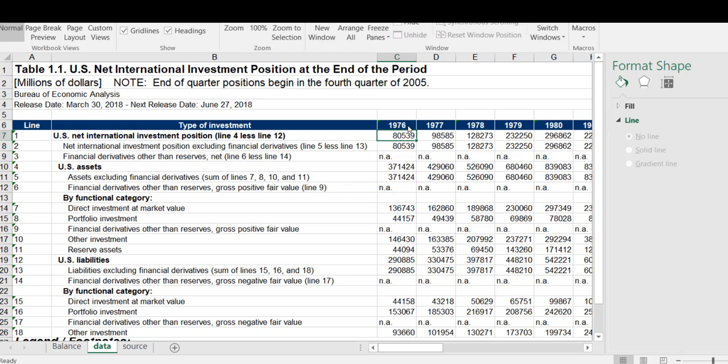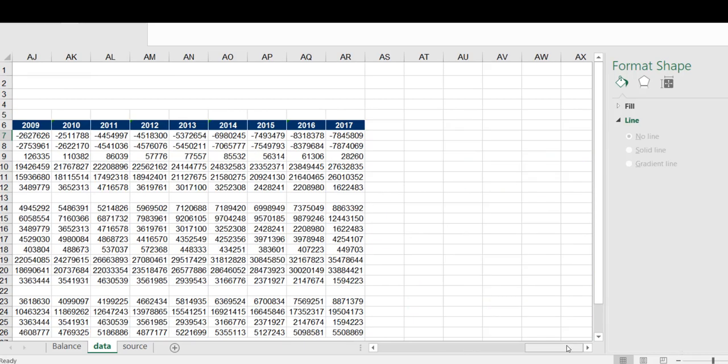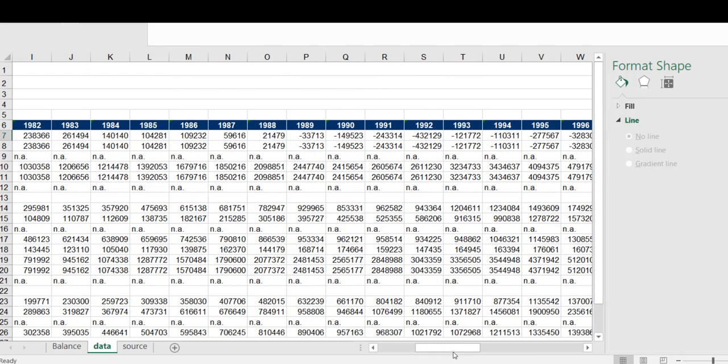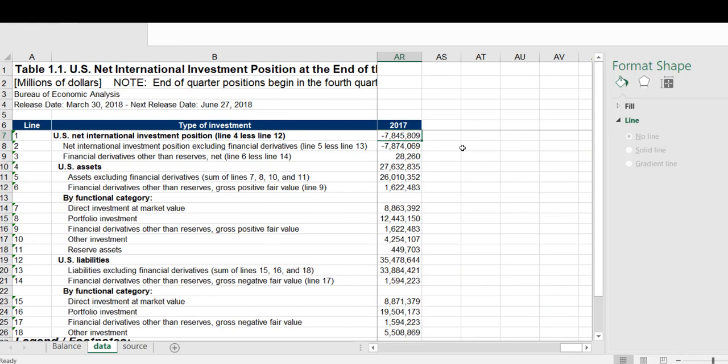The US discloses data from 1976 up to 2017. The US net international investment position is negative $7.8 trillion. This is how much more foreigners invest in us compared to how much we invest on them.